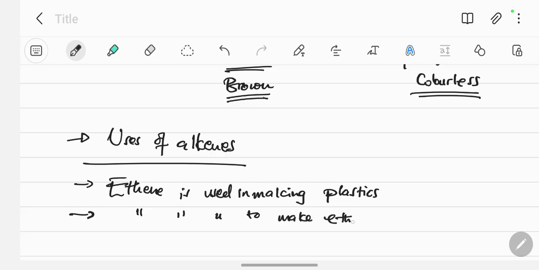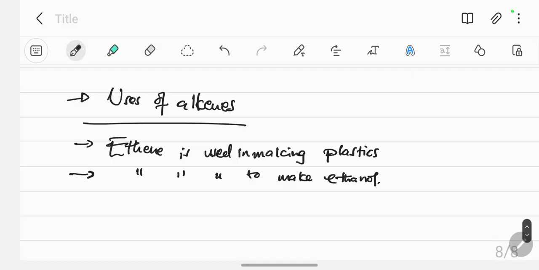So this ethene is used to make ethanol. We saw that reaction where we were reacting alkenes with acidified water, and we ended up with an alcohol. Then propene is also used in the manufacture of propan-2-ol, and phenol.